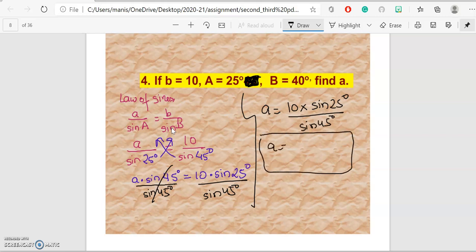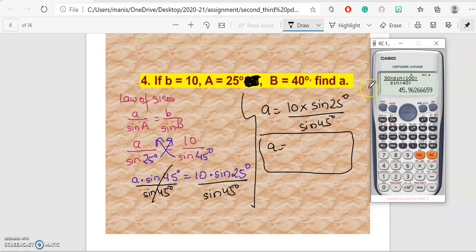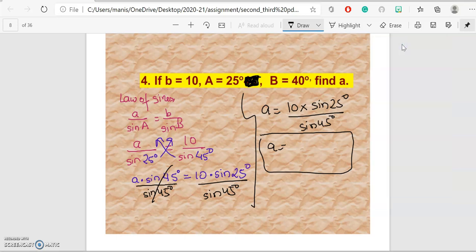So let's use our calculator for this. This is your 10 times sine 25, close the parentheses, come down, sine of 45, close parentheses, and your answer is 5.97. So lowercase a is 5.97 and this is my value of side a.